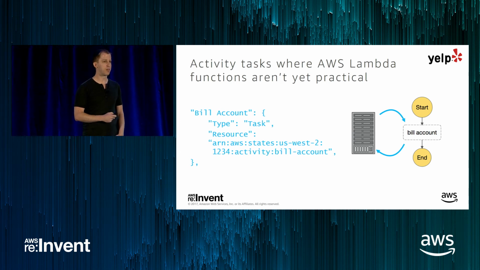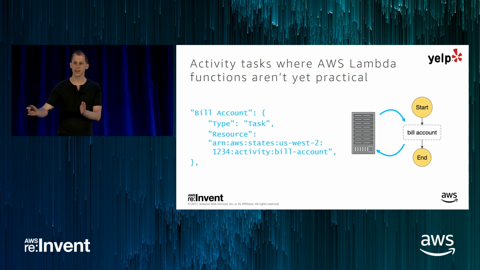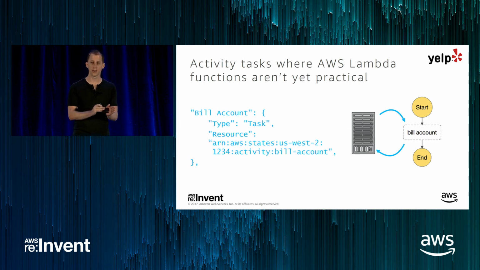But we had another problem. Andy talked earlier about the distinction of how you do your tasks. You can either be pushing data into Lambdas, and we've already said that doesn't feel like it's immediately an option for us, or you can be pulling work with activity tasks. And so this was really nice for us. We could actually add just a little bit of glue code, just enough code to ask Amazon, should I bill an account?